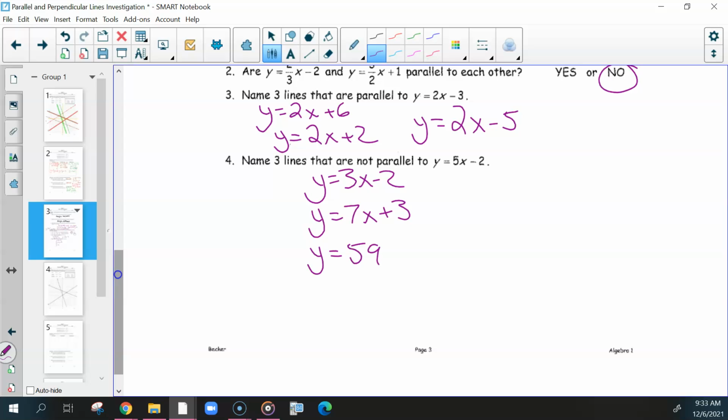Why did you minus 2? Because it's anything that's not 5x. That's not wrong.